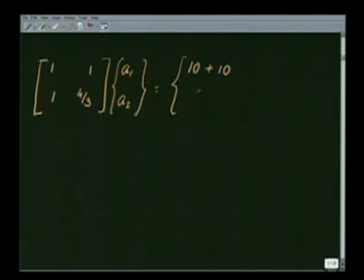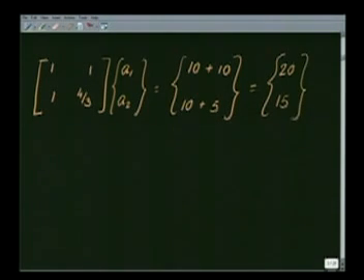Second one, P into phi 2 evaluated at 1, so phi 2 at 1 is equal to 1, so again 10, plus F into phi 2 evaluated at half. Phi 2 is x squared, evaluated at half is 1/4, so 1/4 into 20 will give us 5. So this will be 20 and 15.